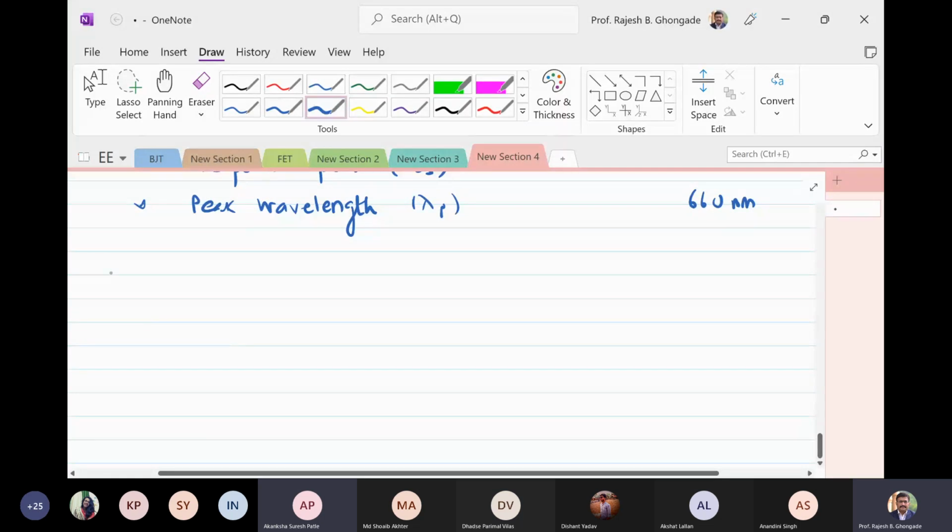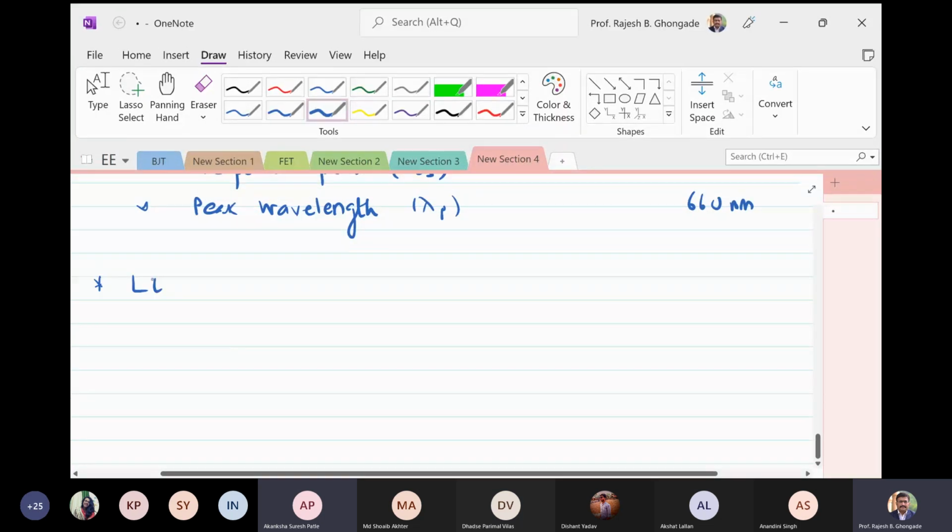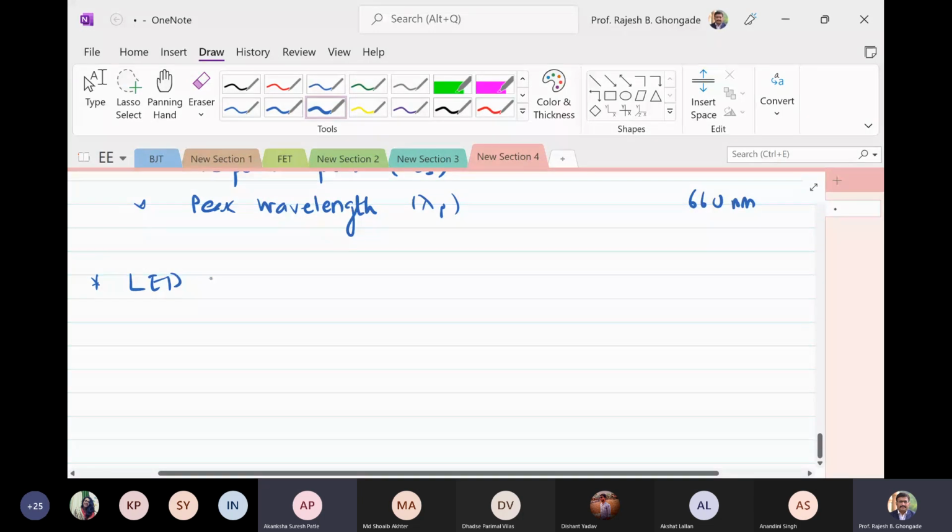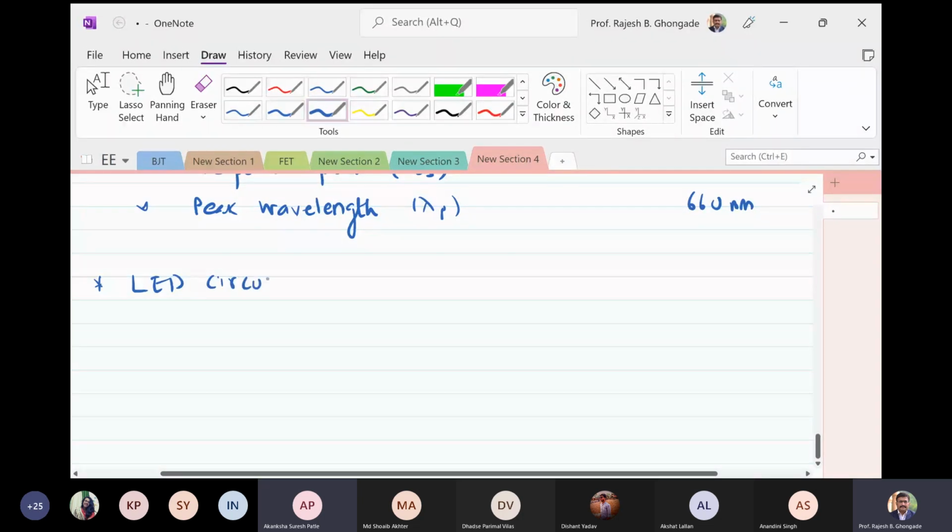Let us have a look at the LED circuits. How to use the LED?